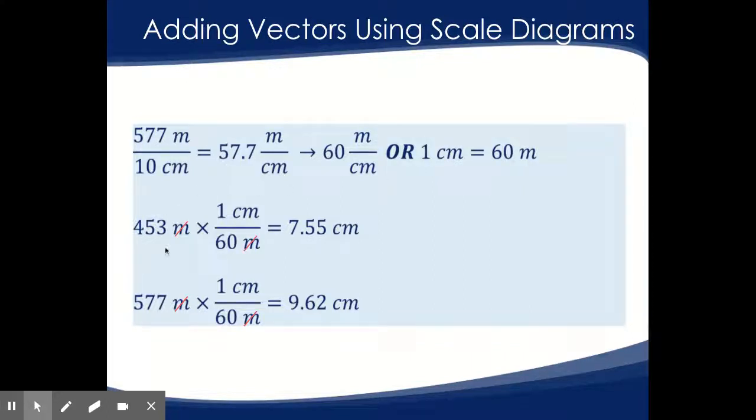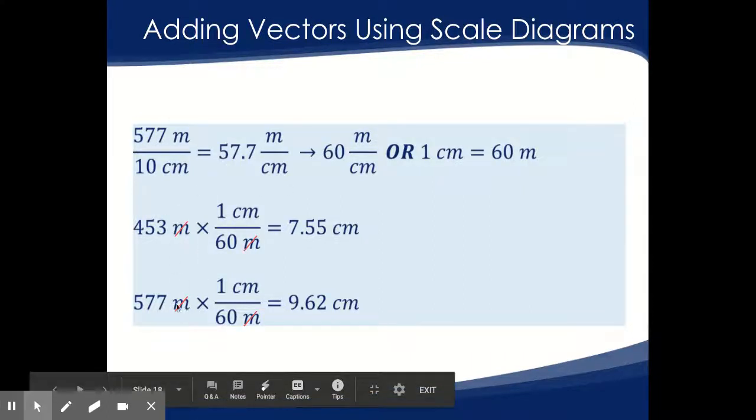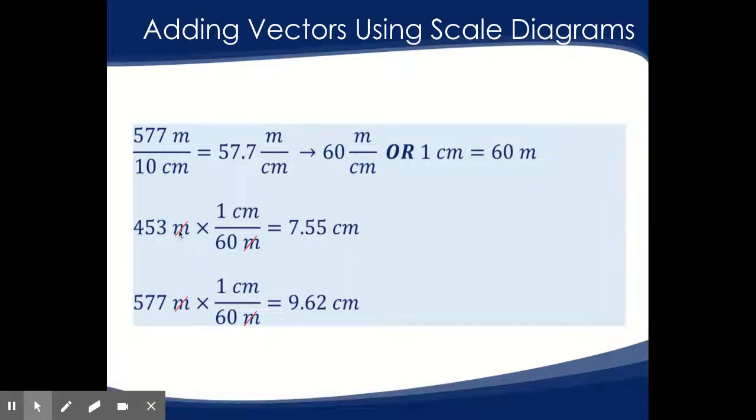So now you have to scale down your measurements. You'll have 453 meters, and you convert that into centimeters using the conversion scale you just made. So you are creating the conversion factor, and then you convert your lengths into the new scale. We have a conversion factor of 1 centimeter equals 60 meters.